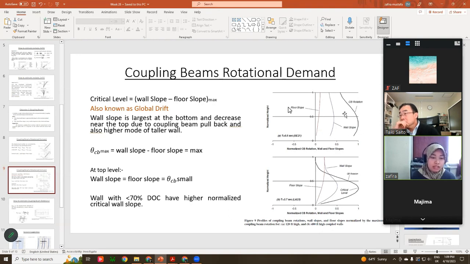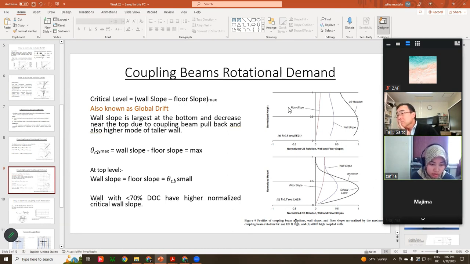And this first one is for the short story height, and the second is for the 20-story height building. We can see for the 10-story height, the rotation is not much different compared to the 20-story height. If you can see the top displacement of the 20-story height, it goes to 0.